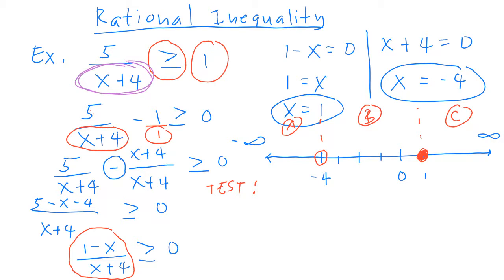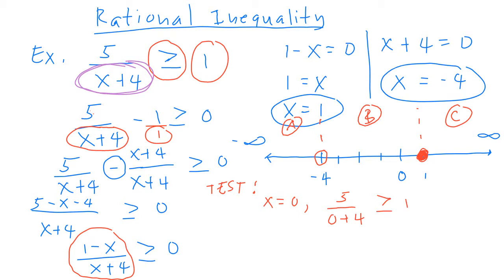Okay. And you can have x is equal to 0. And then you use the original problem. So that would be 5 over 0 plus 4 greater than or equal to 1 for the original problem.